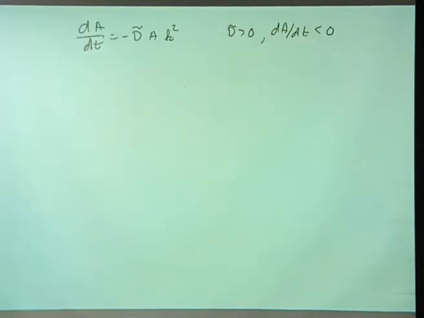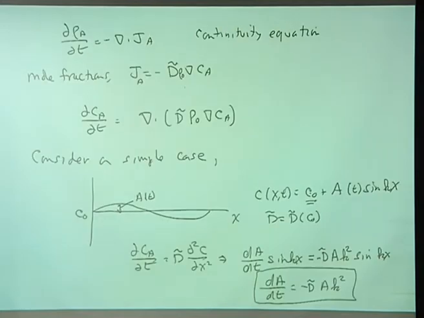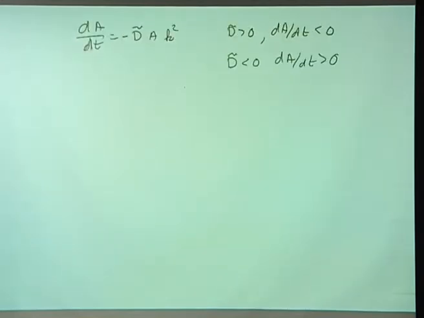If diffusion, however, is negative, if the diffusion coefficient is negative, dA/dt is greater than 0. And so that means that this fluctuation here, the amplitude grows. It gets bigger. And so the system is unstable. It will grow.